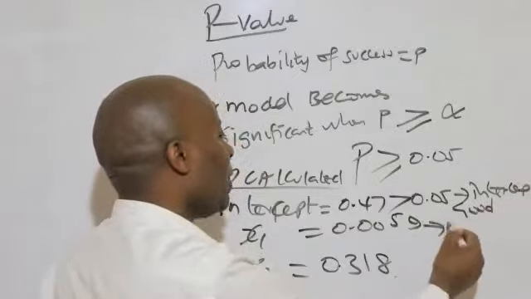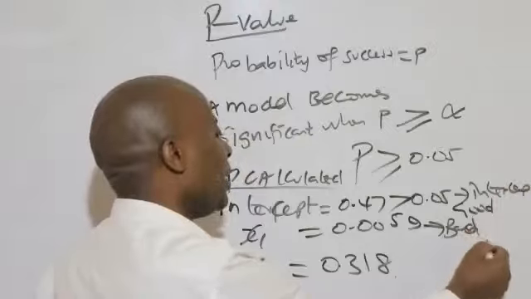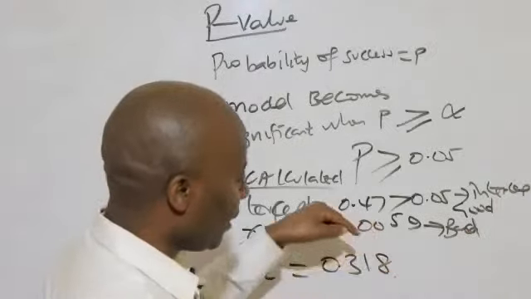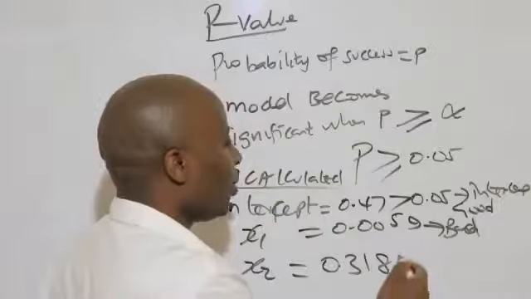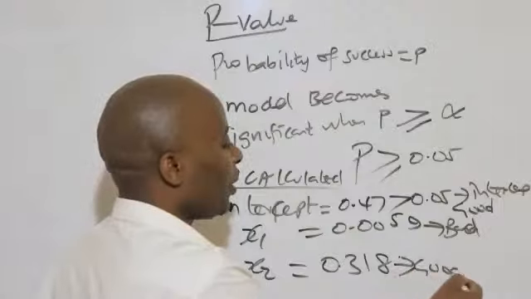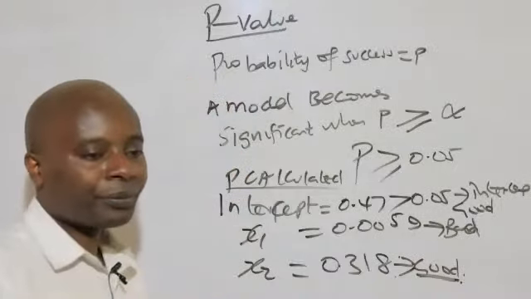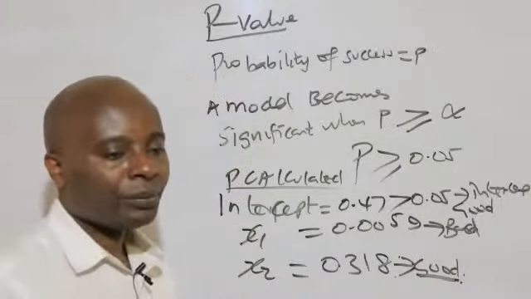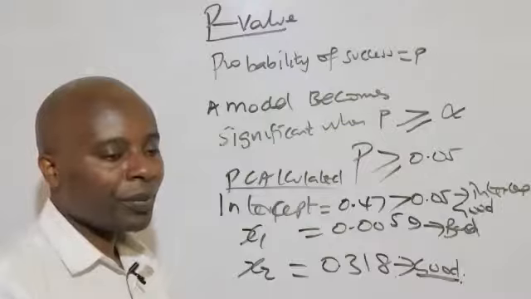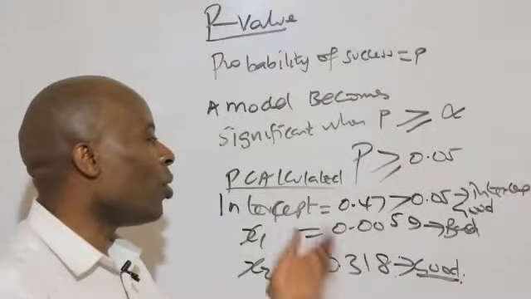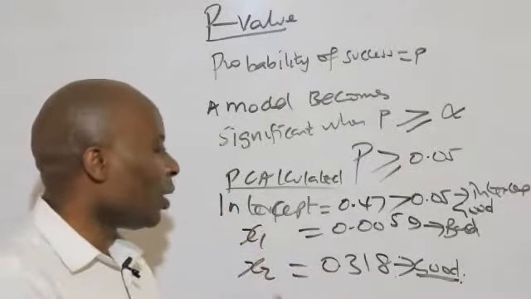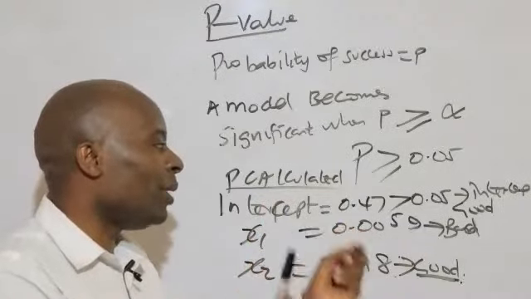How about this? This is bad, because you can see this figure is less than. This is good. That's part of the test of goodness. So in terms of the whole model, we have, of course, two of them being good.